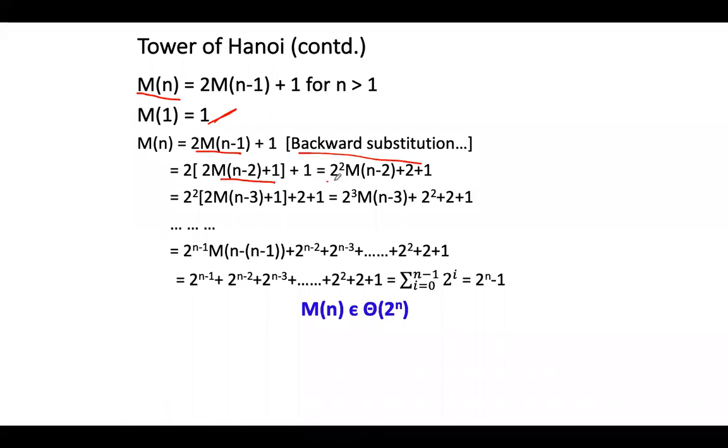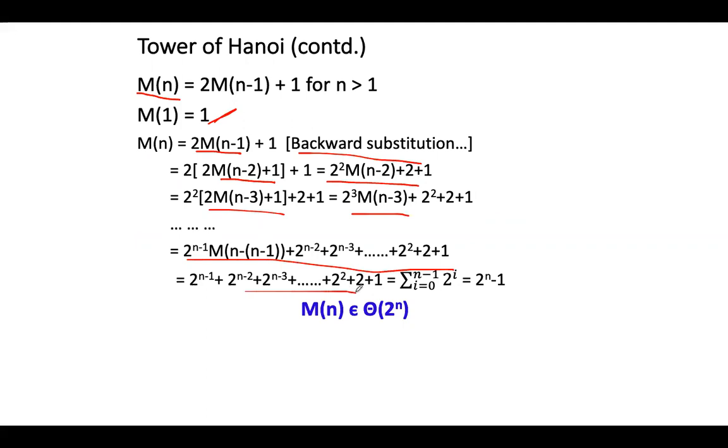Okay, it will be solved to 2 square M of n minus 2 plus 2, which is nothing but 2 square M of n minus 2 plus 3. Again substitute here, you'll get 2 square M of n minus 3 plus 2 square plus 2 plus 2. It will continue like this.